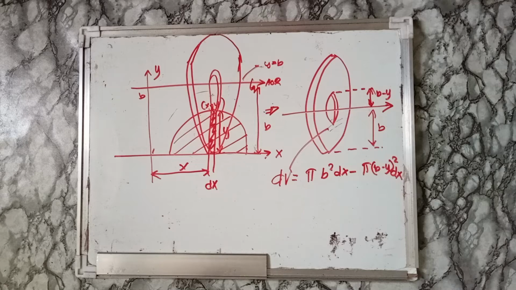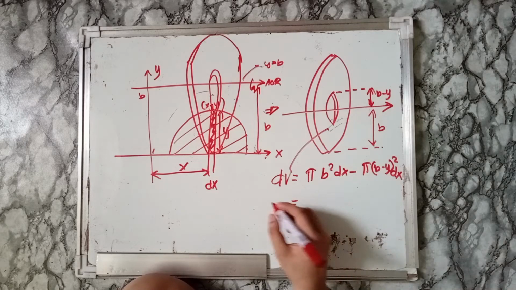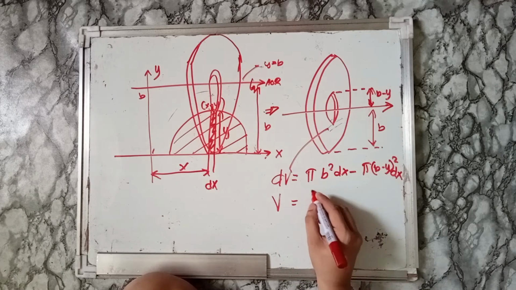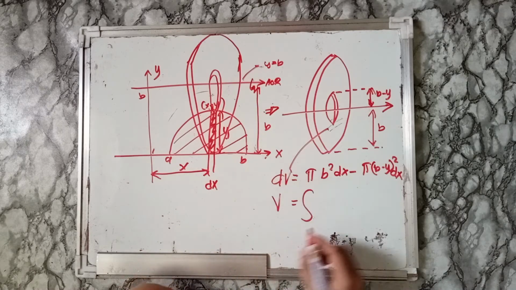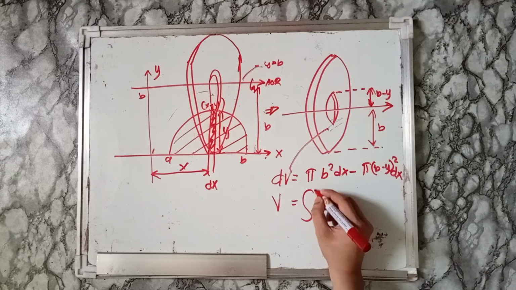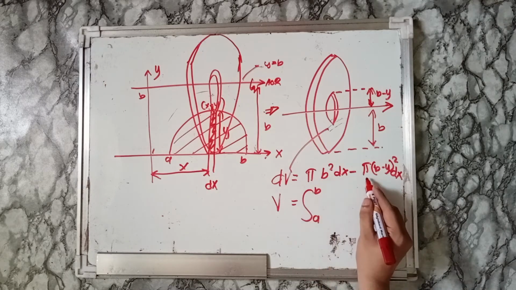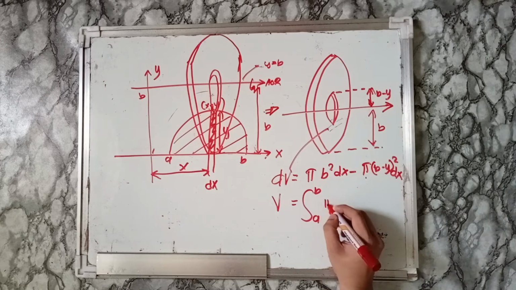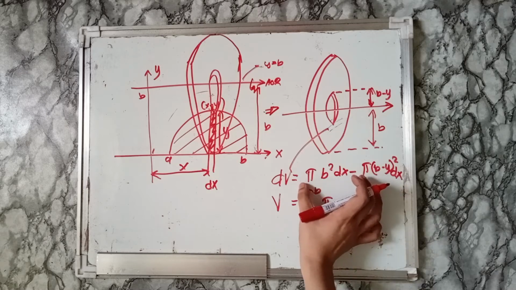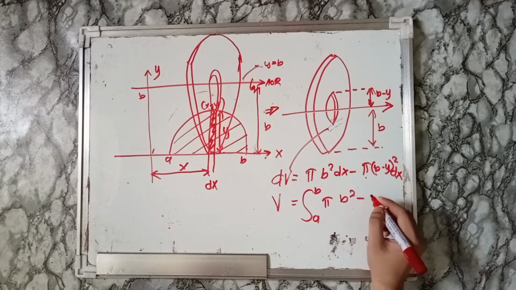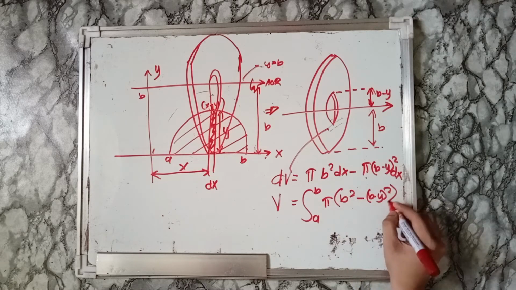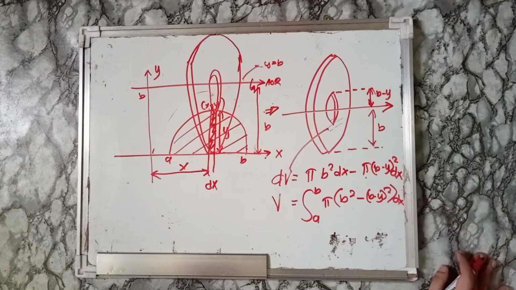Now, if we take the integral, this is just volume with limits. This is actually a to b. So with limits from a to b. So if we factor out our pi here, this is just b squared minus b minus y squared dx, right?